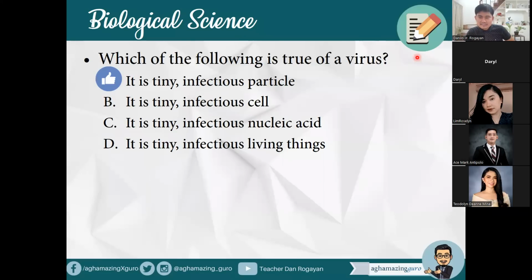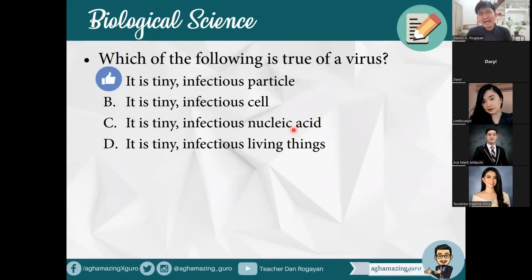Ayan. Sige, tingnan natin. Letter A, infectious particle. Particle siya. Basically, wala siyang biological organization. So basically, it cannot be considered as an infectious cell. Paano siya nagre-replicate? Because of the presence of the host, for it to thrive or for it to basically replicate.